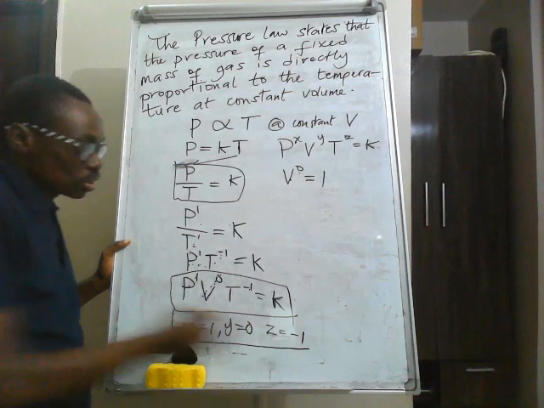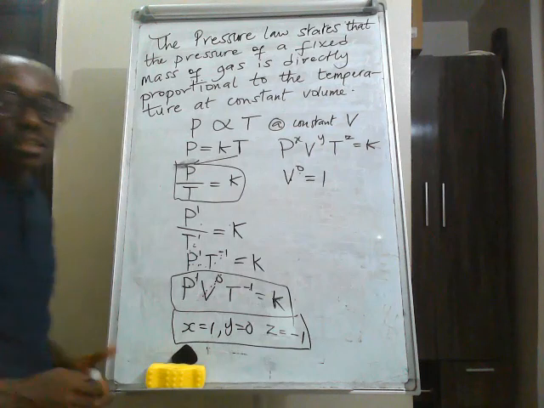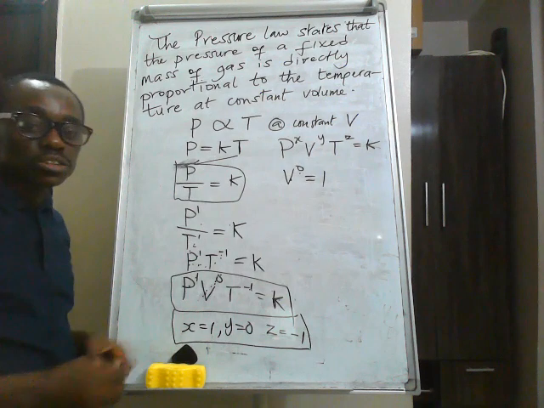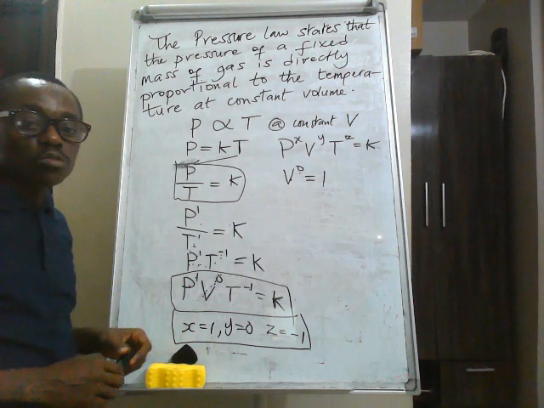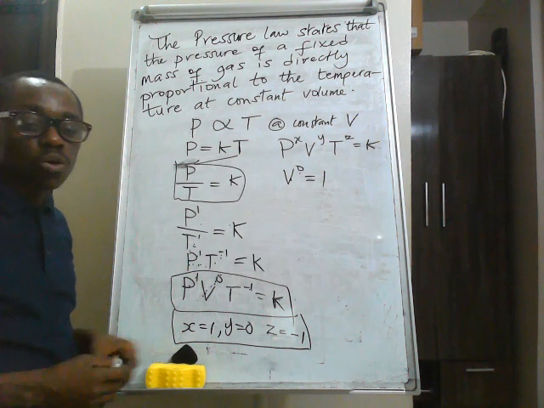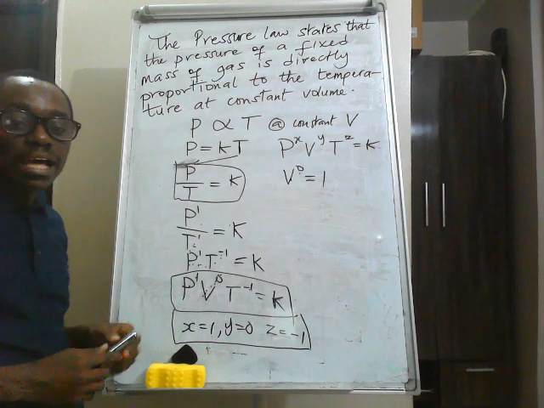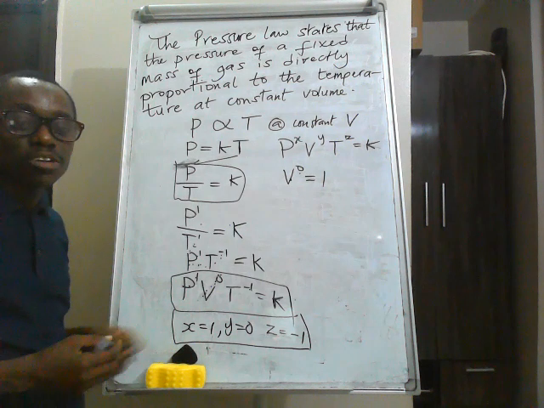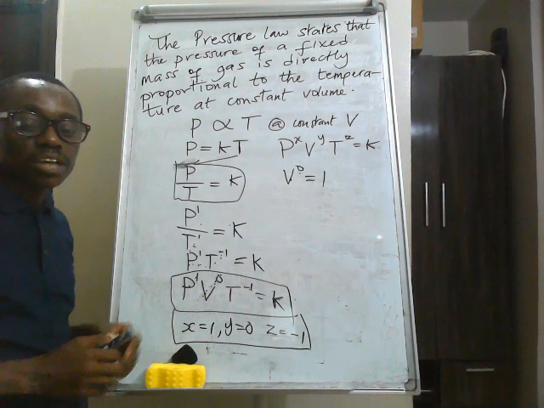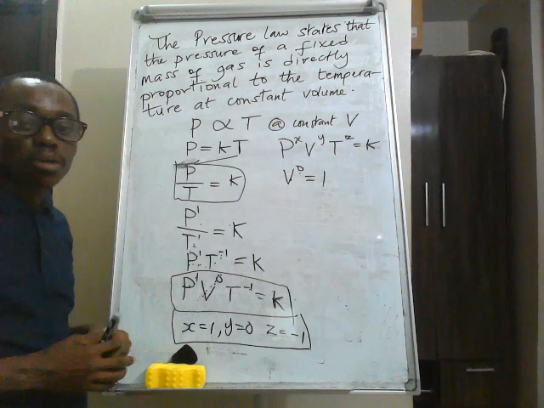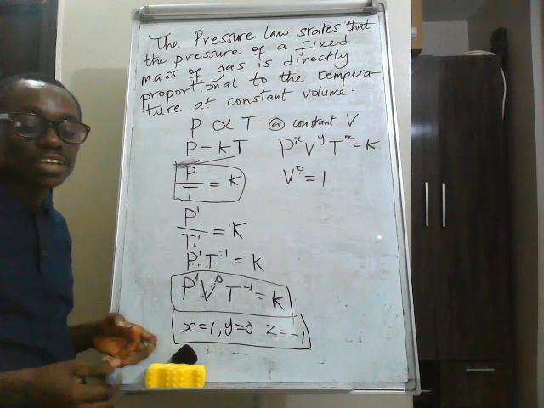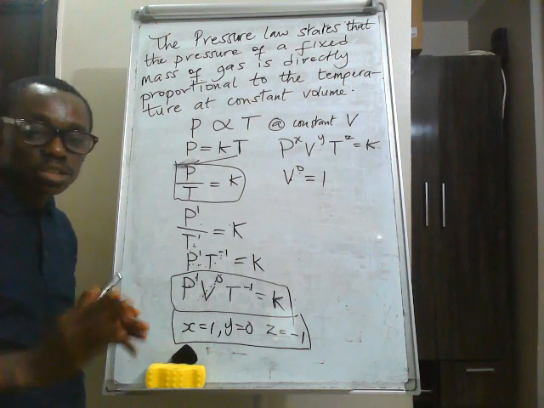So we've derived the equation for Boyle's law, for Charles' law, and for the pressure law. We've gotten the values of x, y, and z when the general gas equation becomes Charles' law, Boyle's law, and the pressure law. So it is as easy as that. All you need is just a little practice.